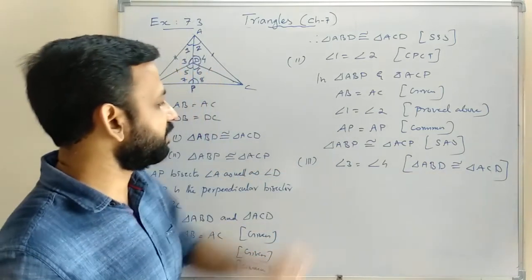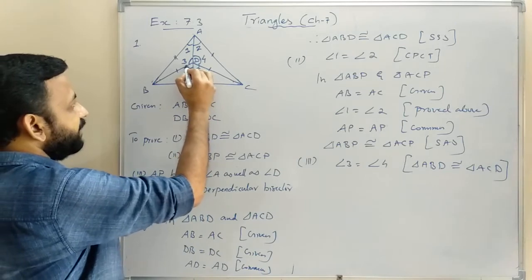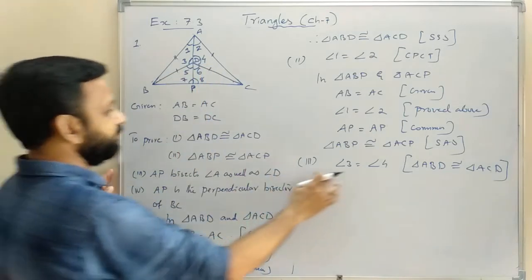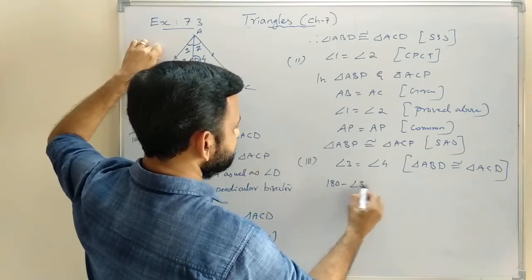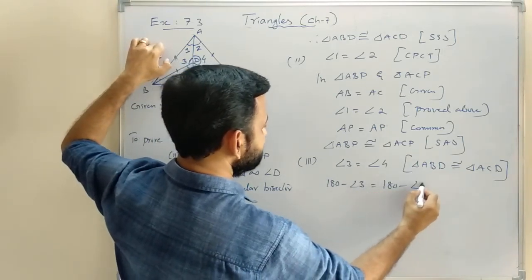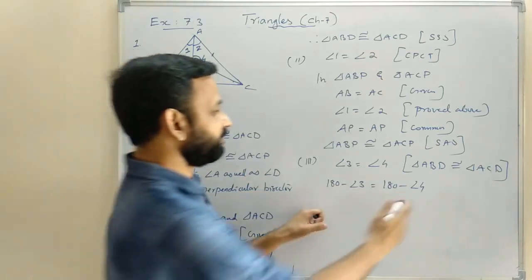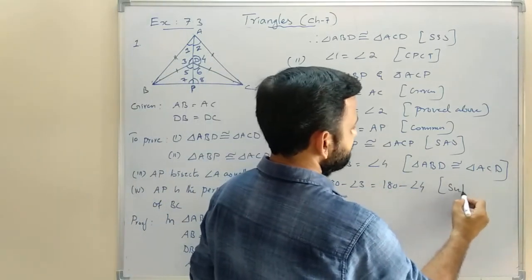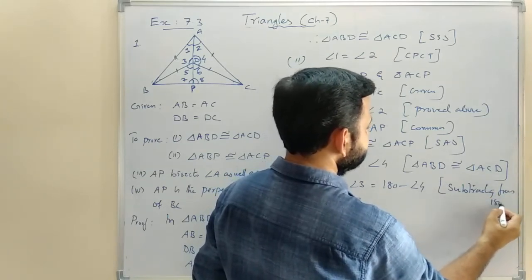If angle 3 equals angle 4, then we can subtract the two angles from 180. 180 minus angle 3 equals 180 minus angle 4. We subtract both values from 180.